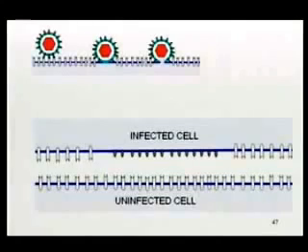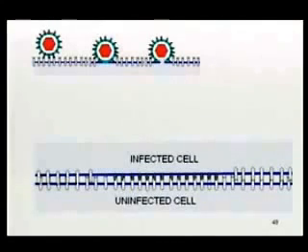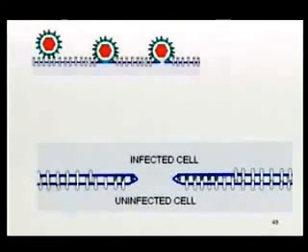Then the problem is that this infected cell will have these proteins. If it's against an uninfected cell, what happens? This attachment protein will bind to these receptors. So the infected cell will bind to the uninfected cell. At neutral pH, this will cause fusion, so these 2 cells will fuse. So it will cause cells to fuse.